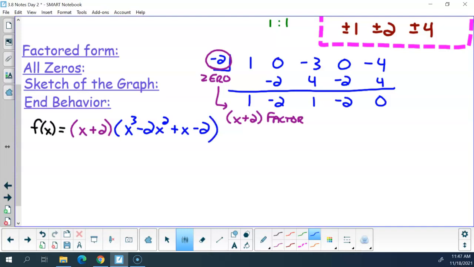Yes? Okay. Brooke, did you find another zero? 2, right? But instead of putting it back into my original one, I'm going to put it back into my blue one.